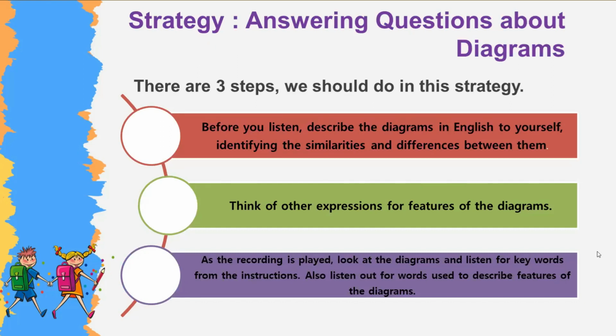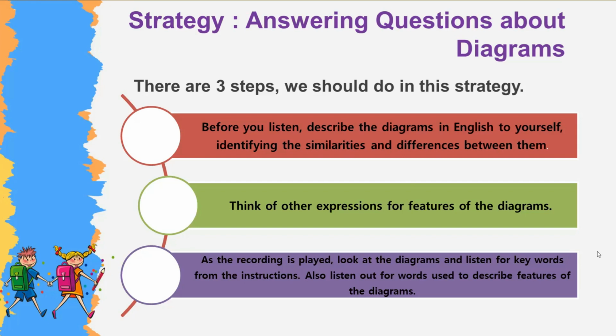The next strategy is about answering questions about diagrams. Okay, there are 3 steps here that you should do. If the test item gives you diagrams or pictures of diagrams, what should you do?